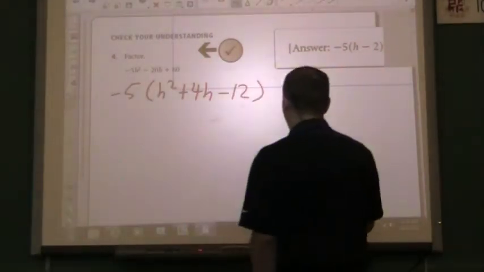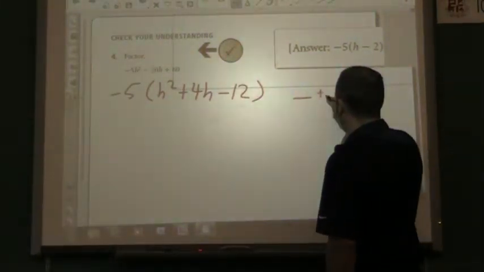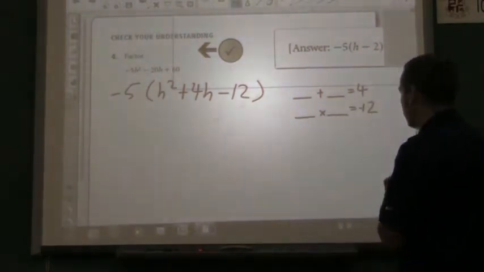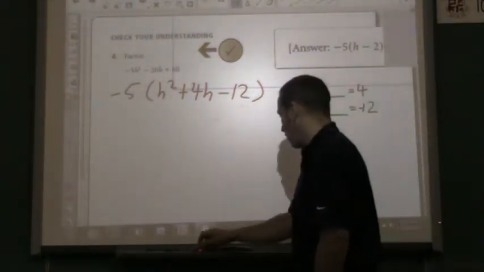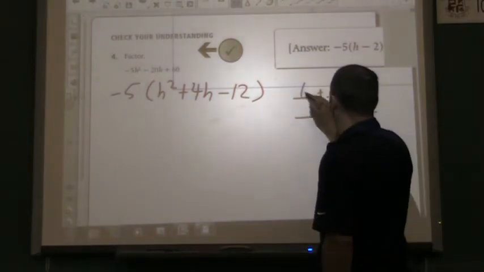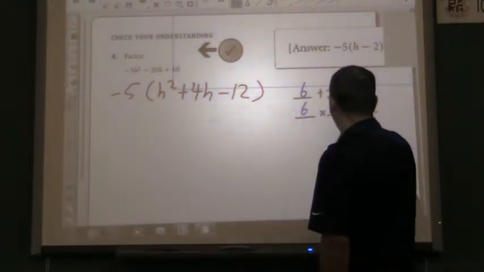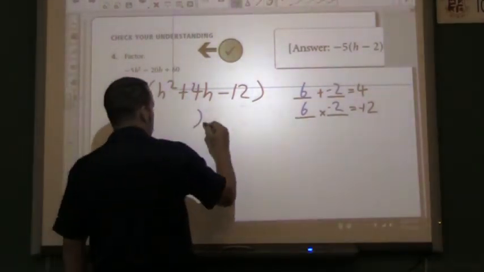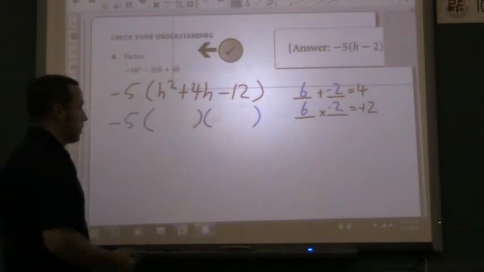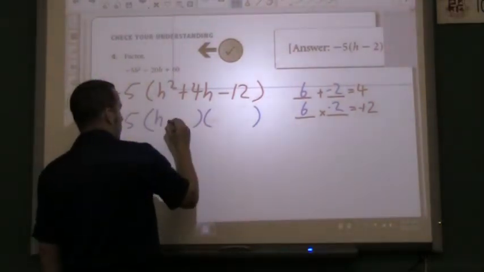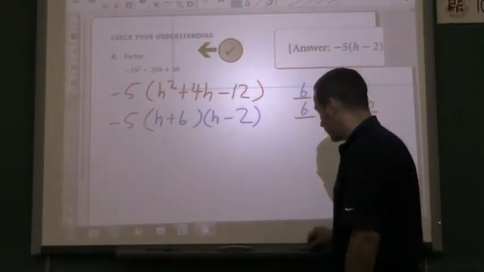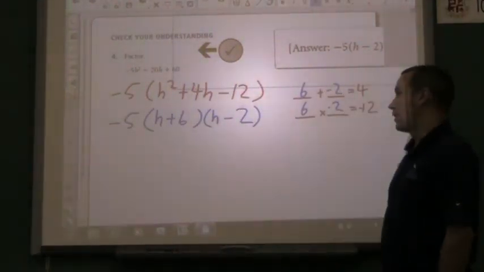So what I'm looking for then are the two numbers that are going to add up to give me 4, and those same two numbers have to multiply to give me negative 12. So the only two numbers that work in that circumstance are a positive 6 and a negative 2. So then I have a negative 5, and I replace the trinomial with two binomials multiplied together, which is going to be an h plus 6 onto an h minus 2. So just a real quick how they got that answer.